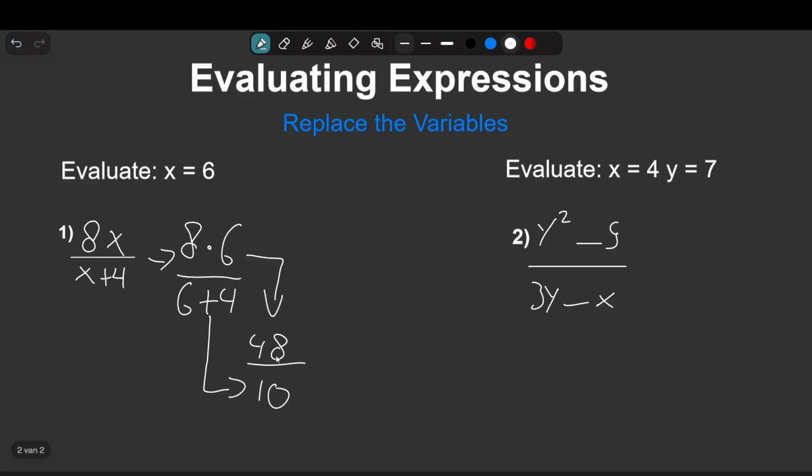So now we have 48 tenths. And as I just said, the fraction line just means division. So we're going to divide 48 by 10. So 48 divided by 10 will equal 4.8 as our final answer.